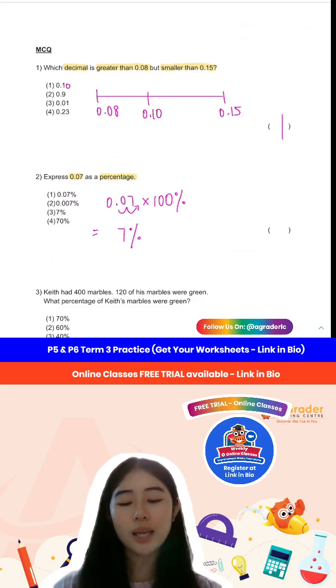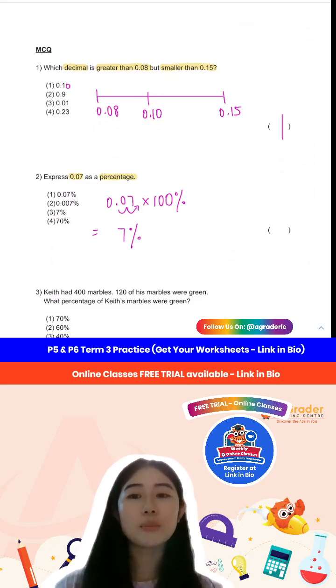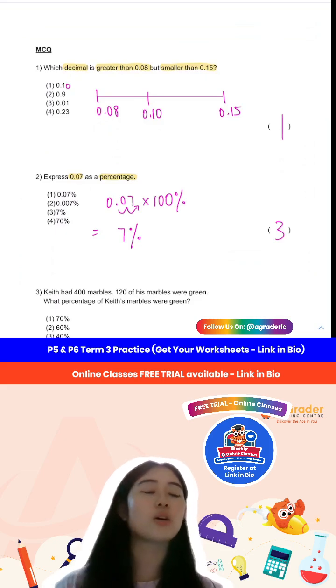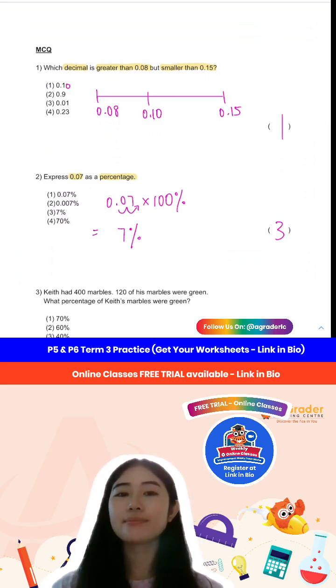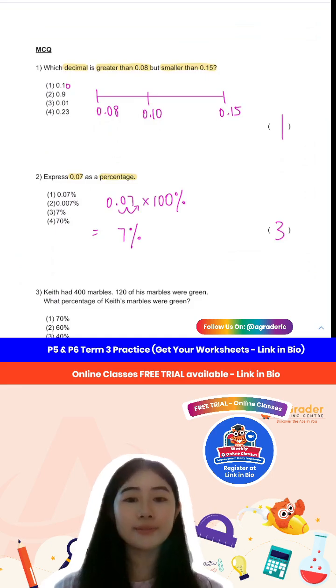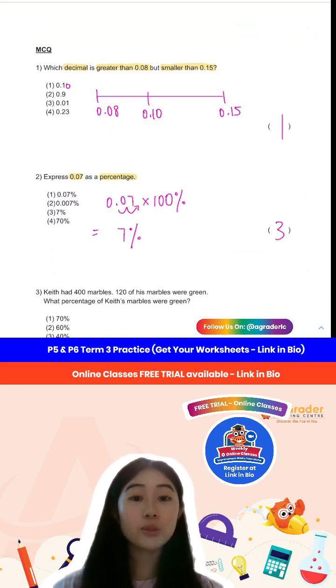So 7% is the answer. This is number 3, which most of you got correct, other than some typos. Otherwise, good job for this. Any questions? If not, we can move on. Everybody okay so far?